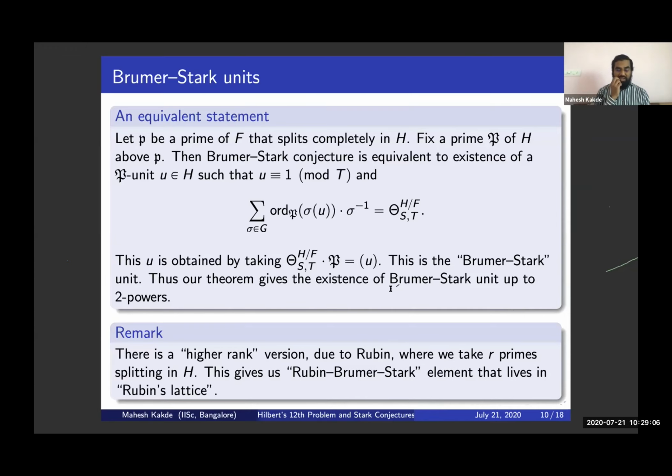It's not quite in H, it lives in what's called the Rubin lattice. I'll mention this once, as a remark. But if you like, you can just think about the rank 1 case.